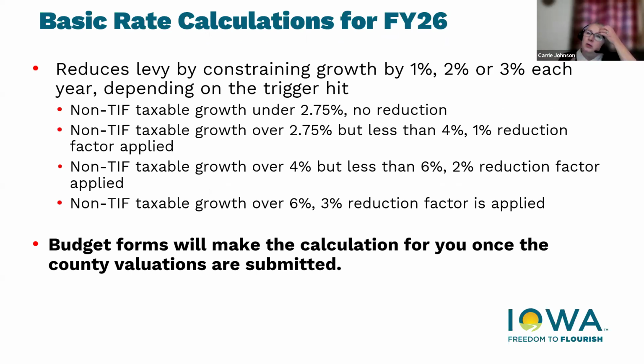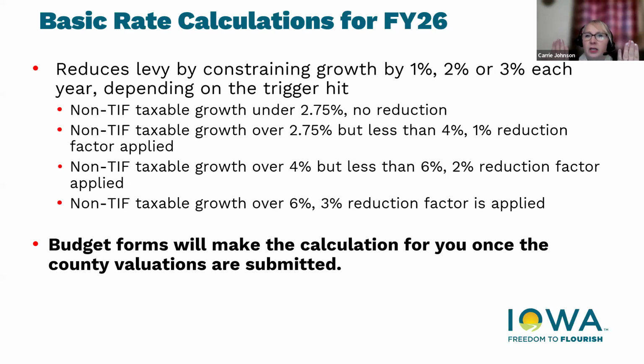So essentially what we're doing in this calculation is taking a look at your current year non-TIF taxable value, so the amount of value that your general basic rate is applied to. What was the amount of value in the current year that you were able to tax against? And then we know the 26 values have been filed.